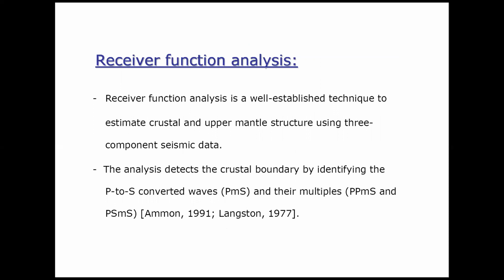Receiver function analysis is a well-established technique to estimate crustal and upper mantle structure using three-component seismic data. The analysis detects the crustal boundary by identifying the P to S converted wave and its multiples.